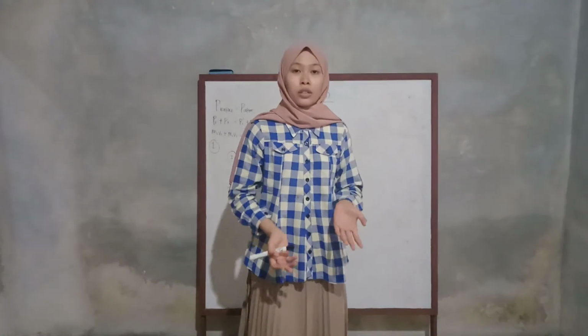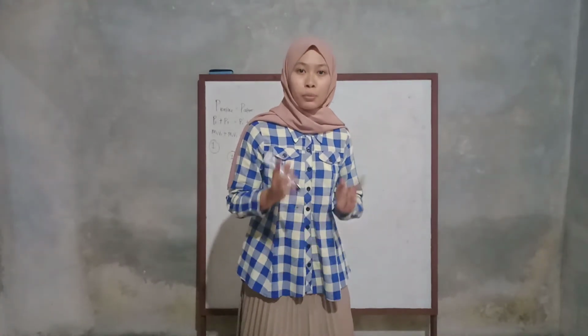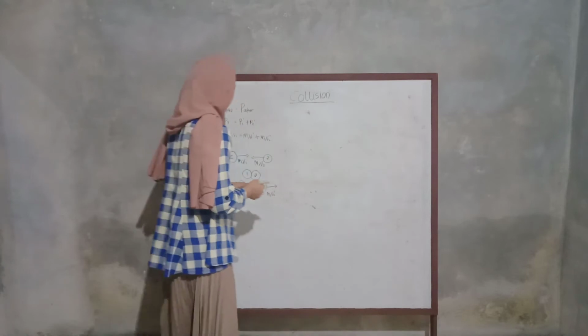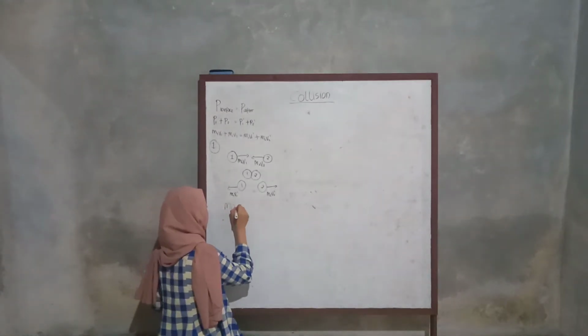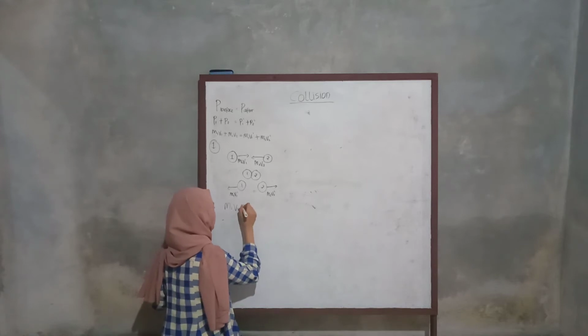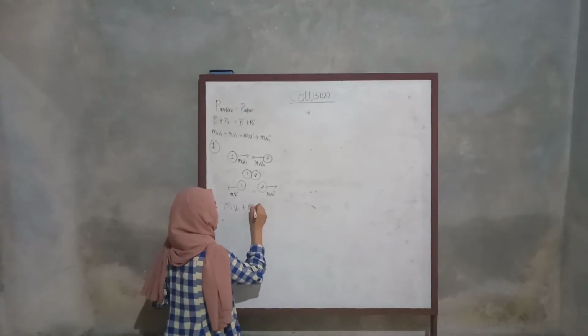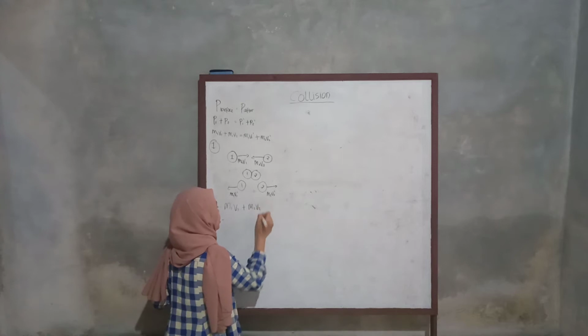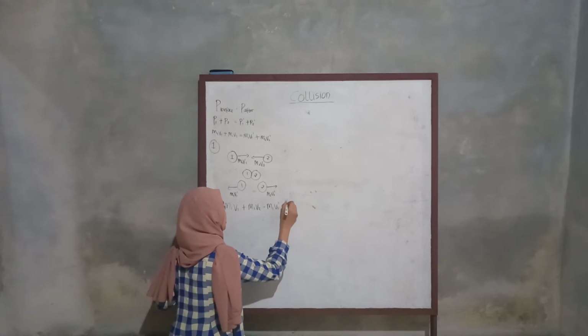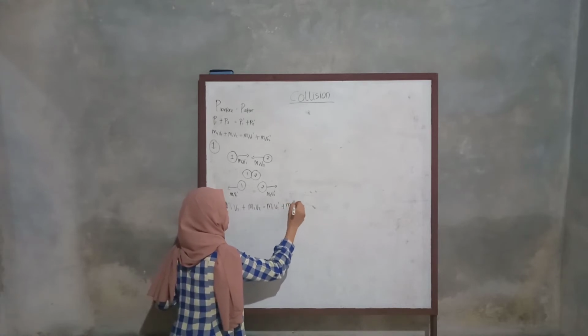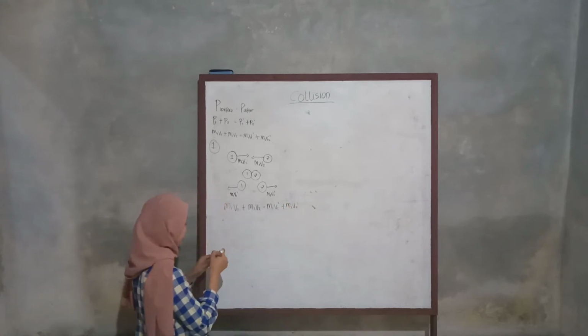The law of conservation of momentum applies: M1 V1 plus M2 V2 equals M1 V1' plus M2 V2'.